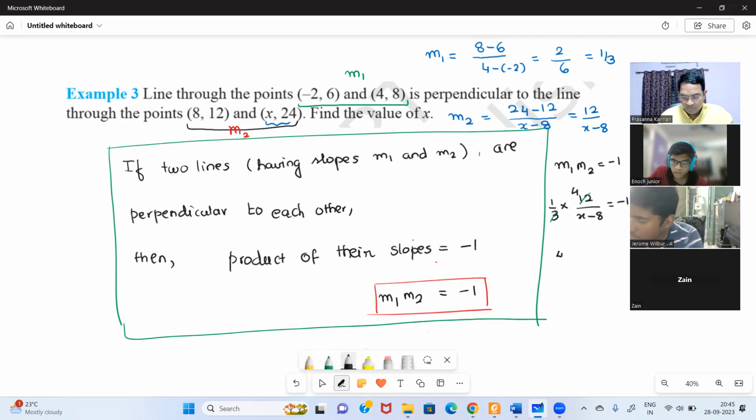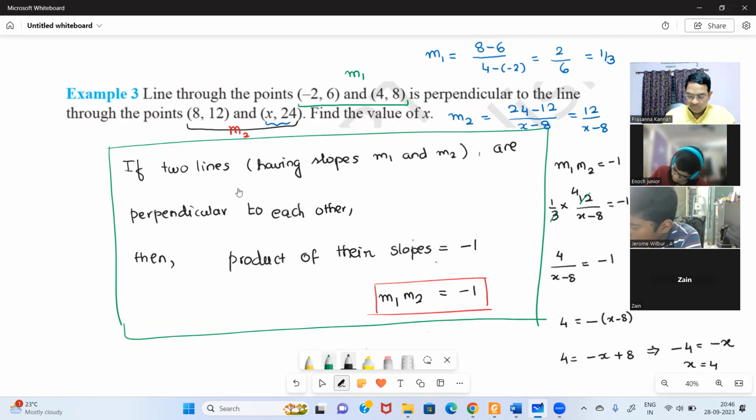So it will be 4 divided by x minus 8 is equal to -1. So 4 is equal to minus of x minus 8, which means 4 is equal to minus x plus 8. So 4 minus 8, which is -4, is equal to minus x, or in other words, x is equal to +4.